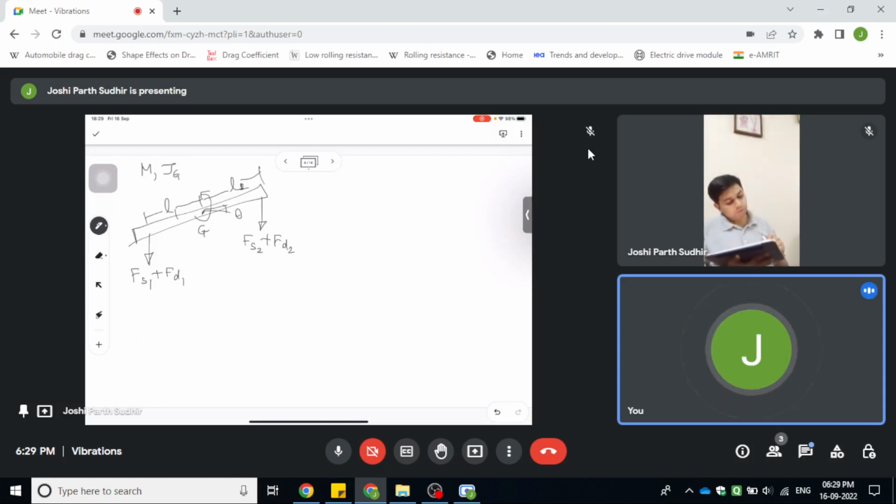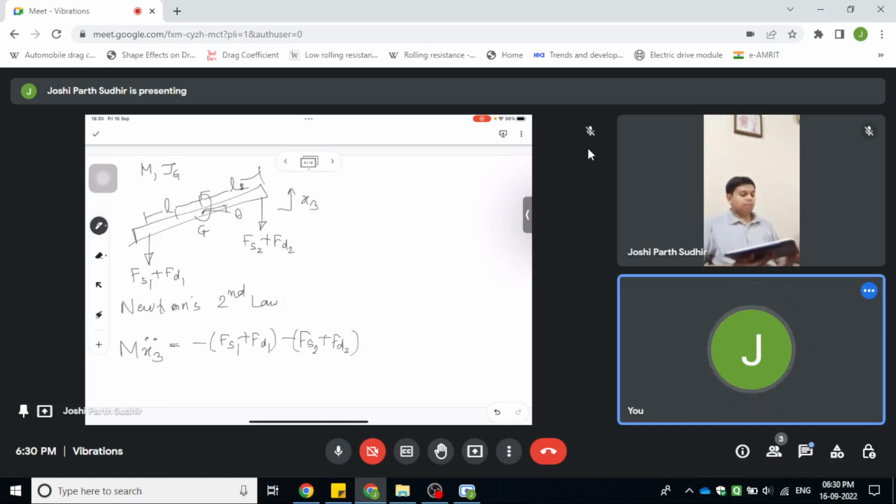So basically Newton's second law will give us m x double dot is minus (Fs1 plus Fd1) minus (Fs2 plus Fd2). So that will be Newton's second law.